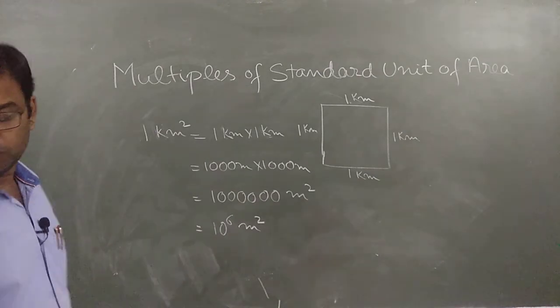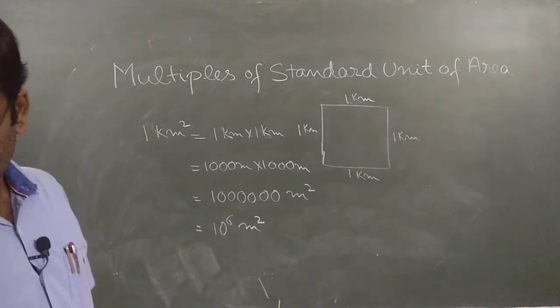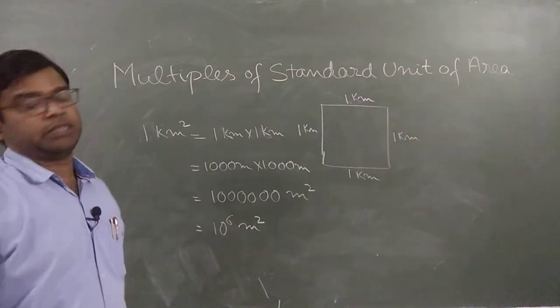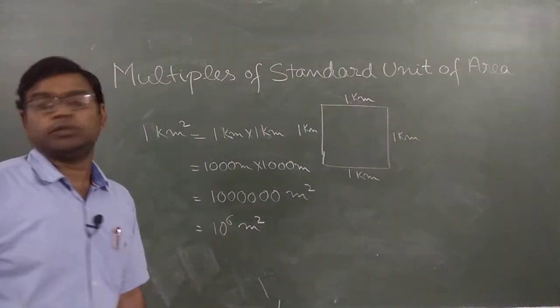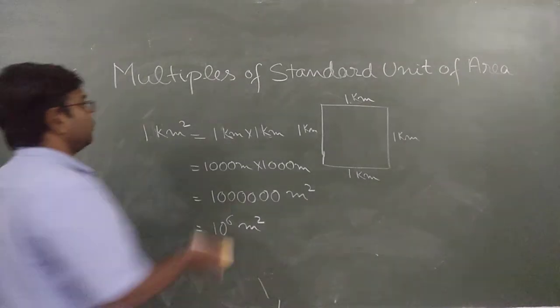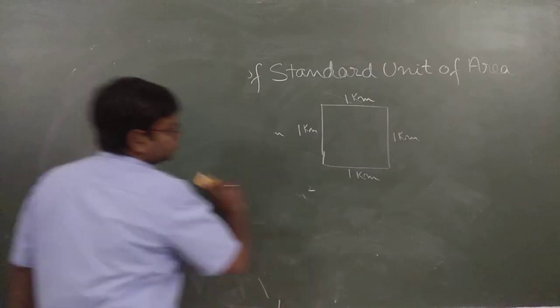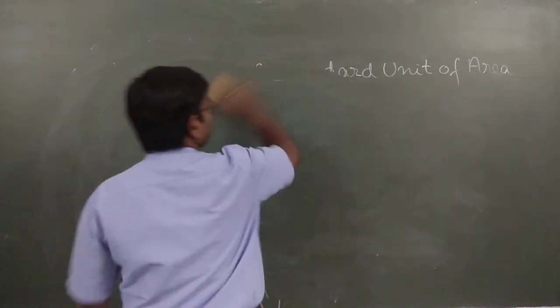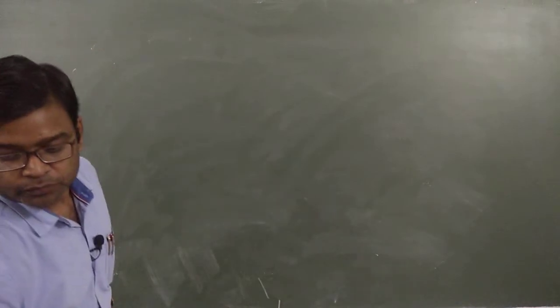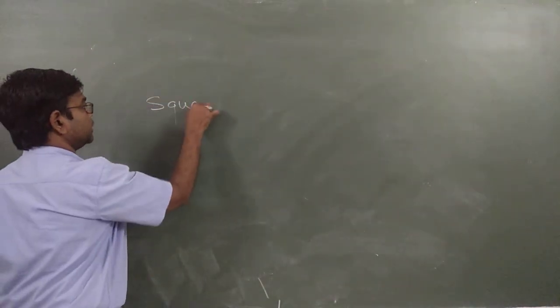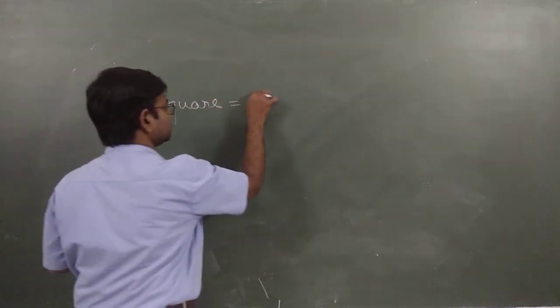Next we are going to discuss how we measure an irregular shaped body. Before that we must know the formula for finding the area of some regular shaped bodies. For a square, the formula is side into side, as we already discussed.